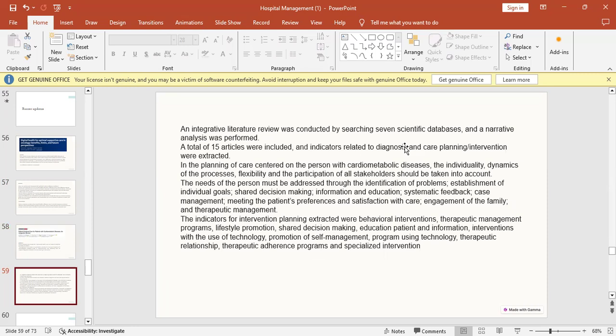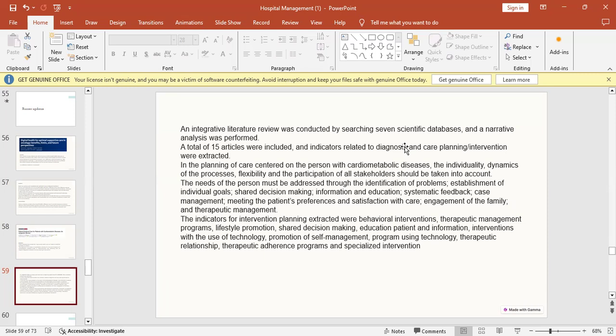In the planning of care centered on the person with cardiometabolic disease, the individuality, the dynamics of the process, flexibility, and participation of all stakeholders should be taken into account. The needs of the person must be addressed through the identification of problems, establishment of individual goals, shared decision making, information and education, systematic feedback, case management, meeting patients' preferences and satisfaction with care, engagement of the family, and therapeutic management.